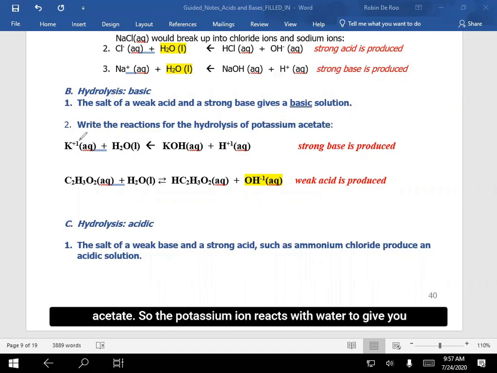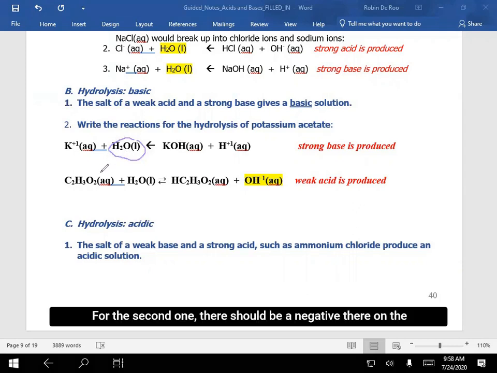So the potassium ion reacts with water to give you potassium hydroxide plus hydrogen ion. Potassium hydroxide is a strong base, and so it would react with the H plus and go backwards, and you would have water. So really for this first one, you have water.